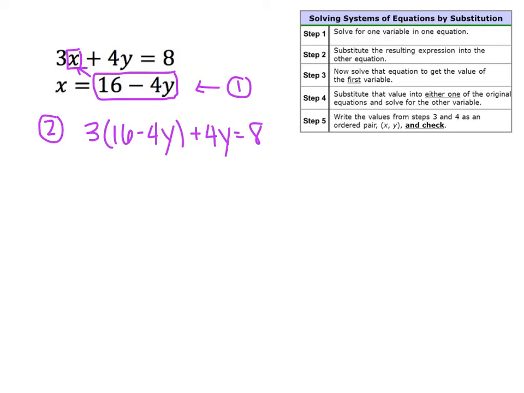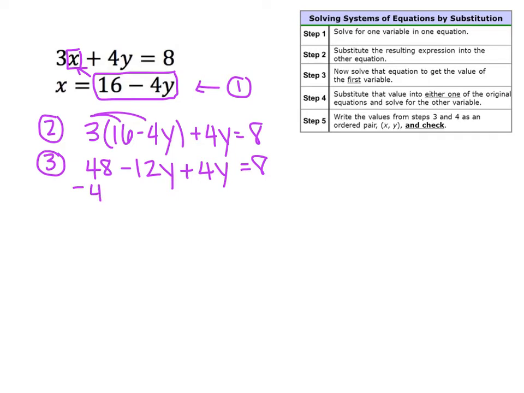The third step in solving systems is to actually solve that equation for my first variable. This time I'm solving for y first. So if I distribute, my 3 times 16 is 48. 3 times negative 4 is negative 12y, and then plus 4y equals 8.